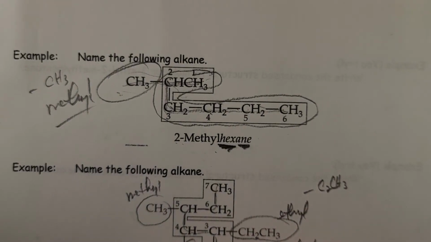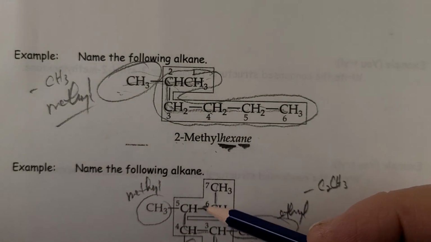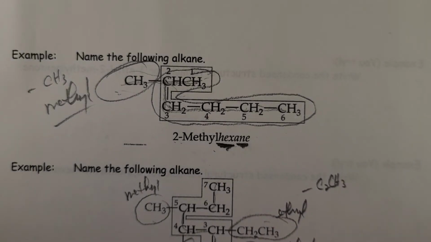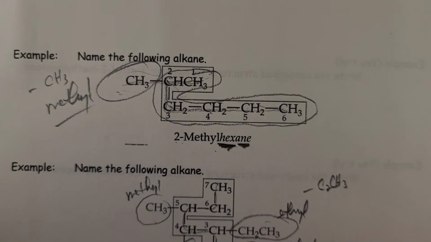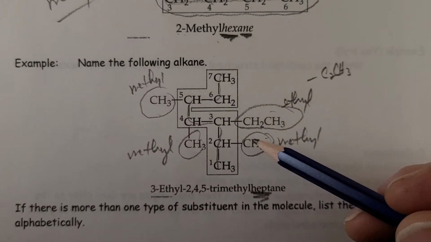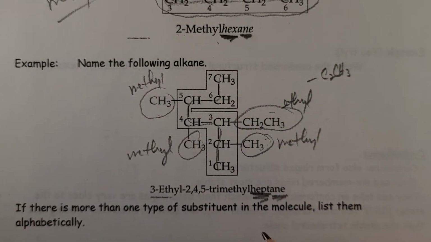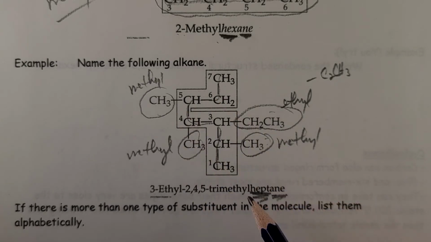And here I have a methyl group that doesn't make up the long chain, because here's the long chain. Circle the long chain, and whatever's left over are going to be those substituents, those alkyl groups. So 7 carbons, of course, is hept. Since they're all single bonds, it's going to be -ane. Anything that's single bond is -ane for the structure.